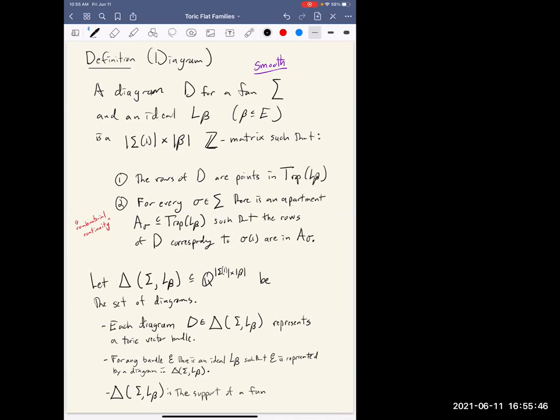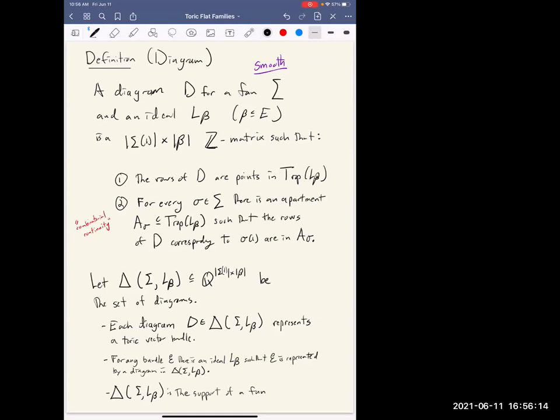The first condition is that the rows of the diagram are points in the tropicalized linear space. That means each row of this diagram is a solution to the tropicalizations of the linear forms that generate L. In other words, we can think of this as a configuration of points on a tropicalized linear space.